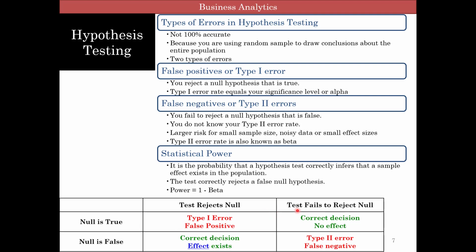When the test fails to reject the null and the null is true, that's the correct decision. When the null is false and the test rejects the null, that's the correct decision, and it means an effect exists, and this is essentially what we are talking about when we say power. When the test fails to reject the null and the null is false, this is beta, or type 2 error, and this is a false negative.